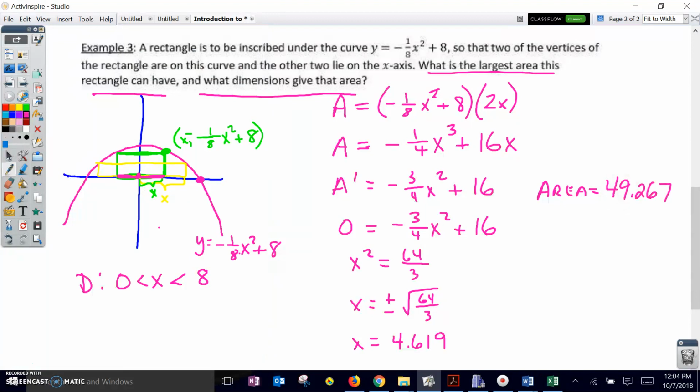Now there are no units given in our problem as far as inches, centimeters, whatever, so we're going to leave our units blank.